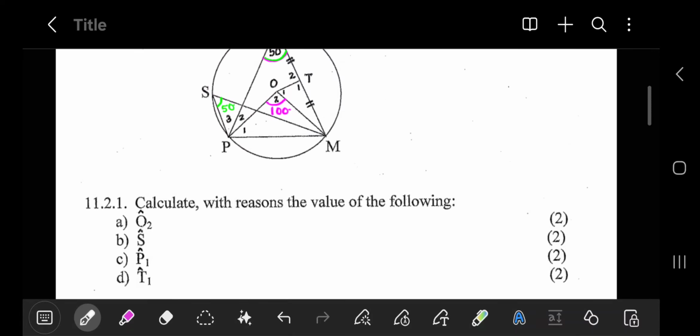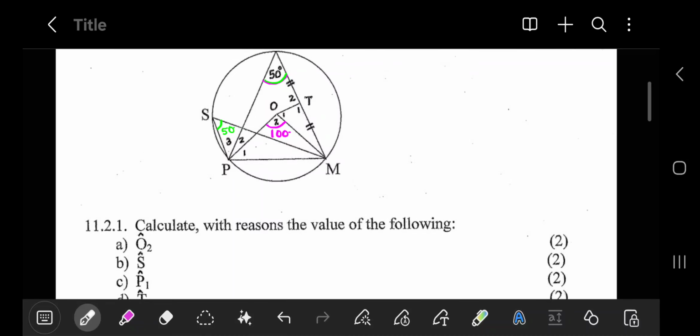Next, we need angle P1. Now, to get angle P1, I need us to focus on triangle POM. What you're going to notice about triangle POM is that it is an isosceles triangle. Firstly, why is it isosceles? Remember, an isosceles triangle has 2 sides equal.